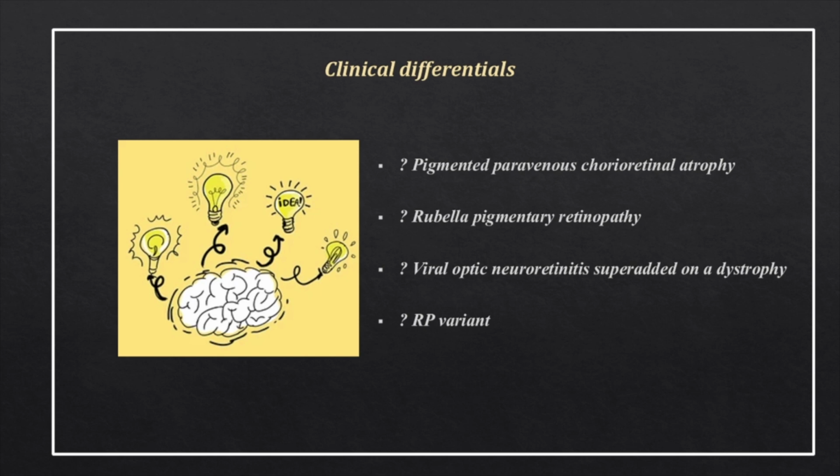The more area that is affected, the more reduced the amplitudes are going to be. The less area that is affected, the higher the amplitudes are going to be. So does this diagnosis fit with our ERG? Yes, it does.